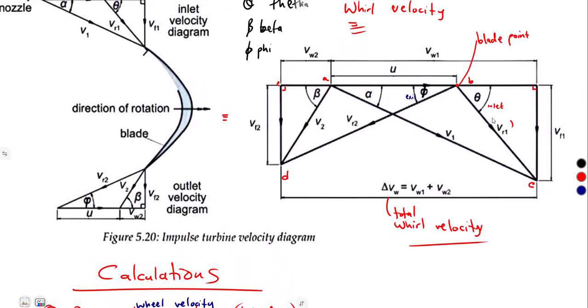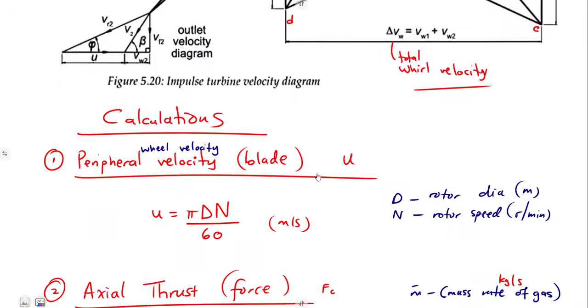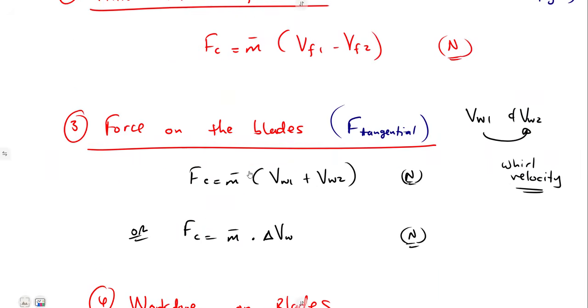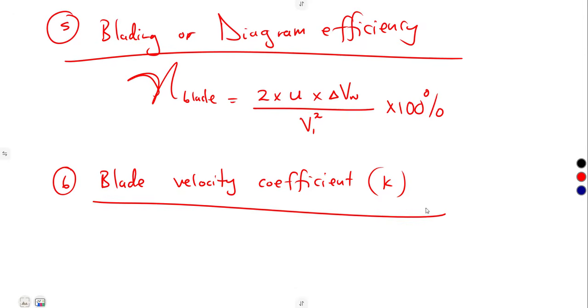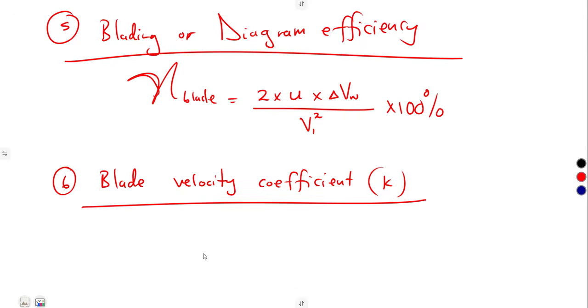The relationship between VR1 and VR2, those relative velocities, gives us the blade velocity coefficient, K. K is equal to VR2 over VR1, from the relative velocity.